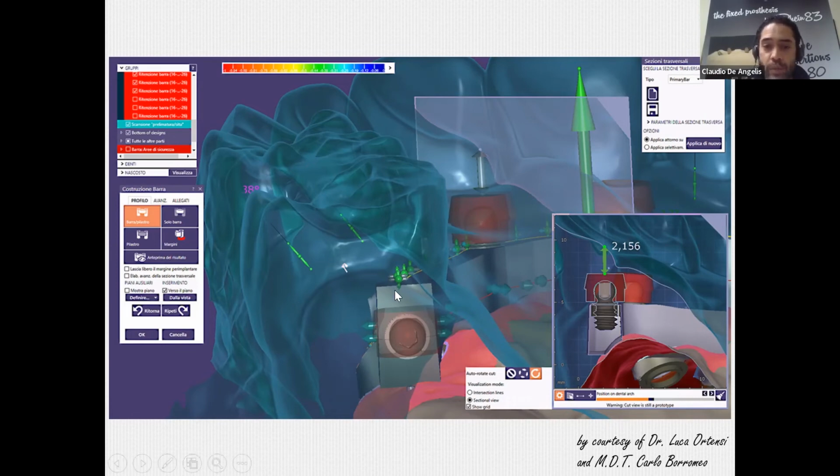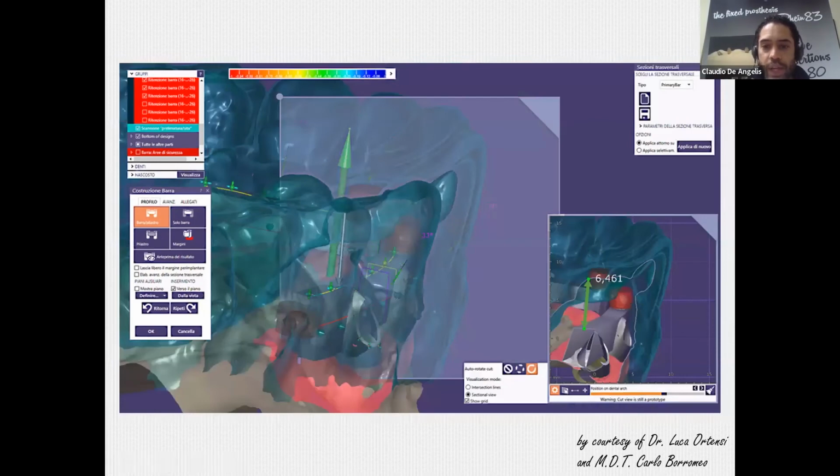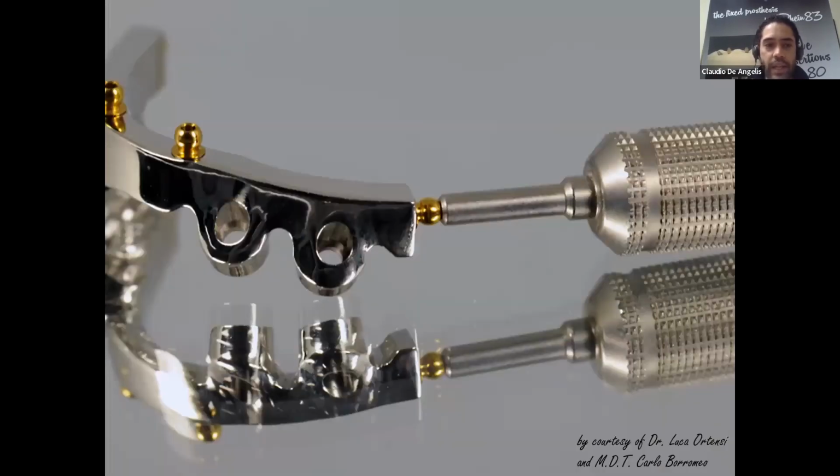You place your attachment according to your bar. You check the distance, the spaces, and after that, you can just screw the threaded attachment into your bar. In this case, you have the 2 millimeter family of direct screwing attachment.